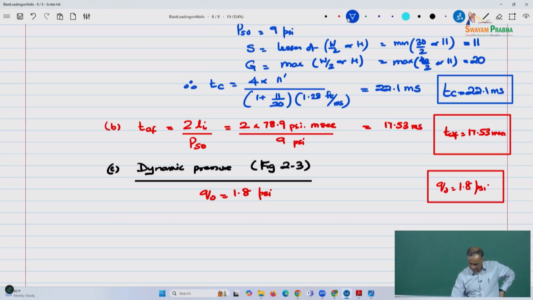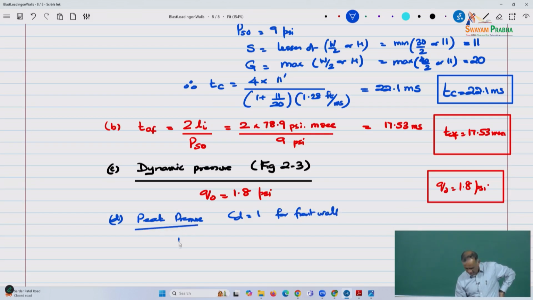And the peak pressure now, with CD equal to 1 for the front wall, we can write PSO plus CD times Q naught, which is 9 plus 1 times 1.8.